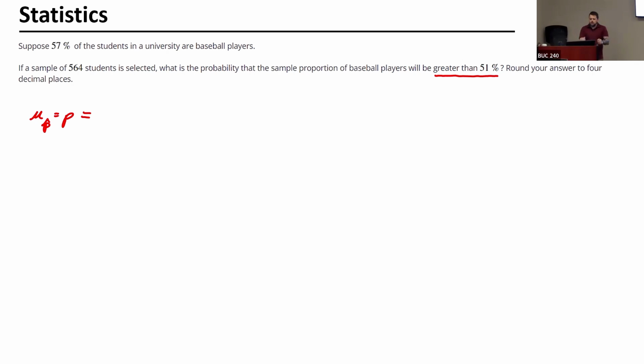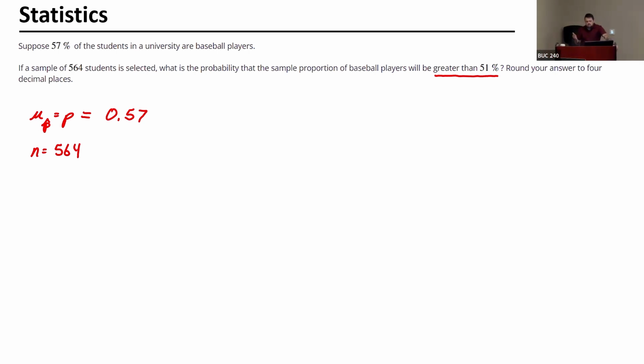Change it over into a decimal, 0.57. Continuing on, if a sample of 564 students, that sounds to me like they just gave me an n, right? Little n, so that would be my little n right there, 564.